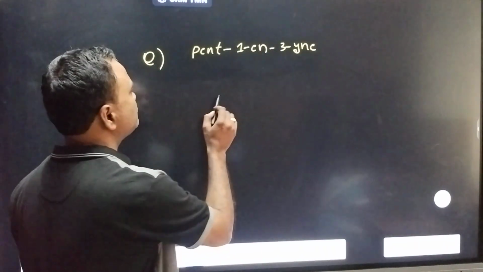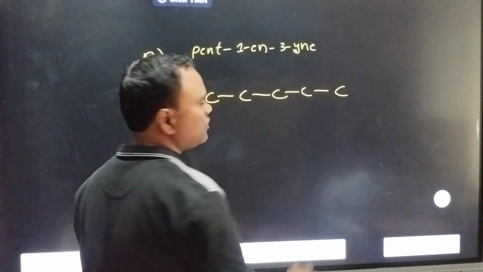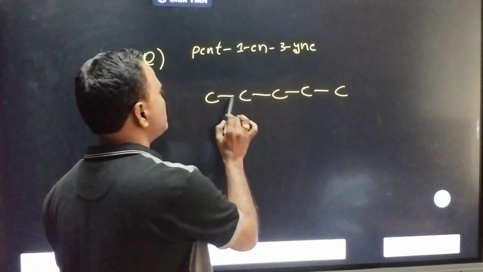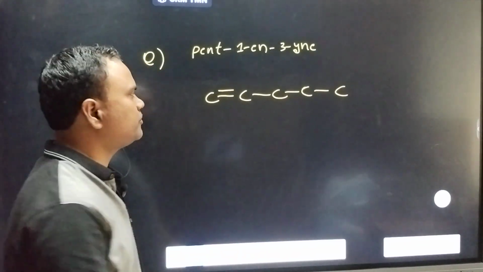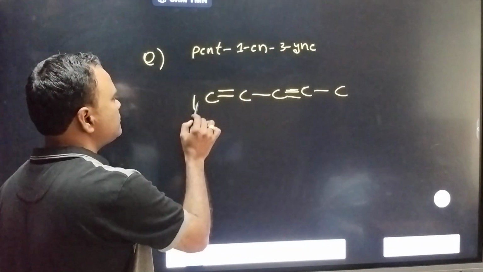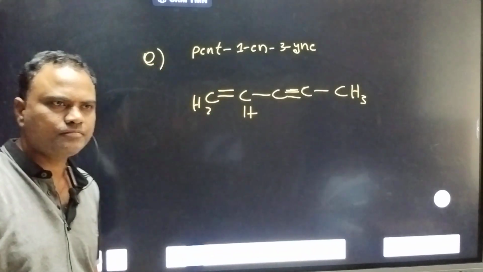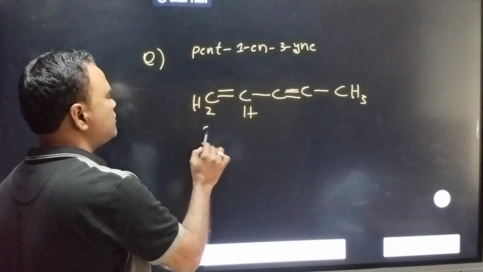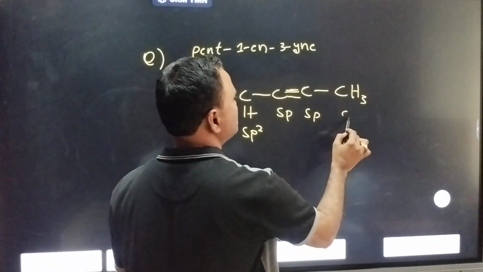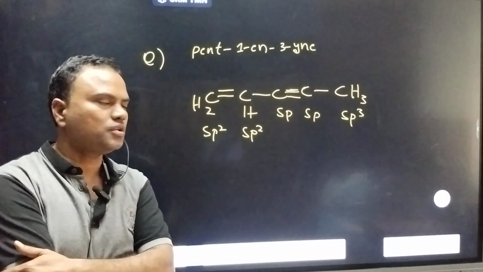What is the answer? First pent, so 5 carbons. First position, double bond, ene. Third position, triple bond. Balance the atoms. This is a double bonded carbon, sp2, sp, sp, and the rest is sp3. Got it, online students?